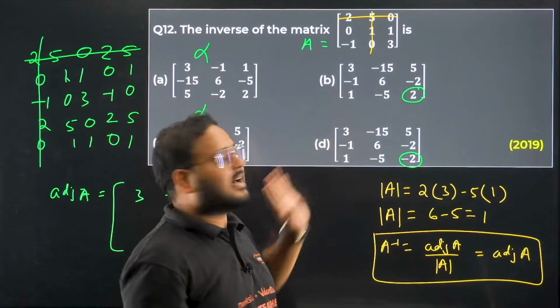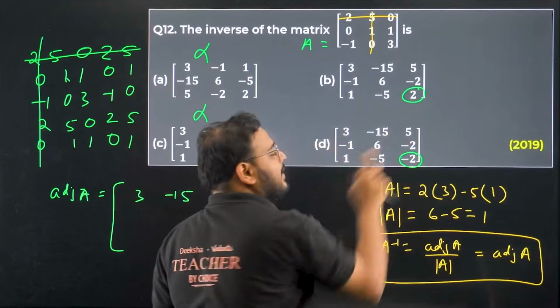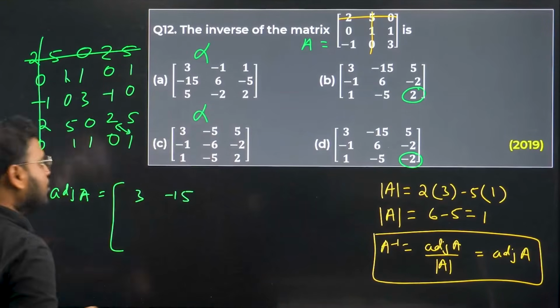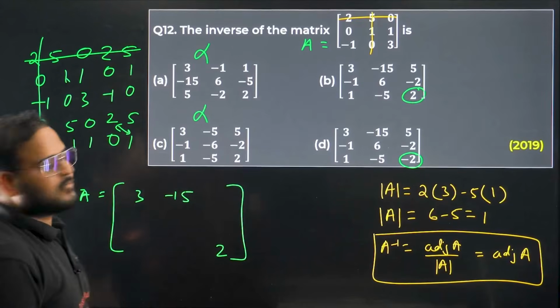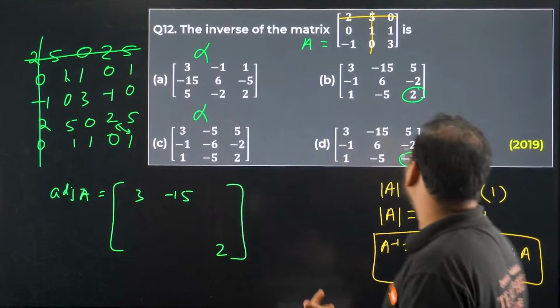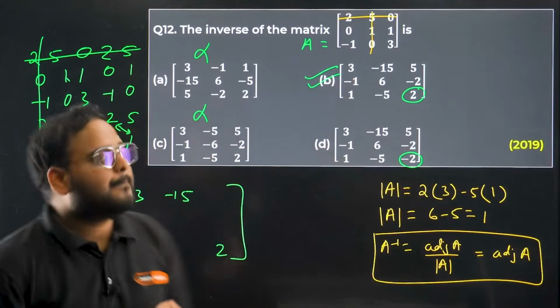Only B and D have it. Now do I find all the other terms? No. Just look for the last term, 2 and minus 2. Last term will be coming from here. 2 into 1 is 2, 5 into 0 is 0, subtraction becomes 2. Answer is option B.